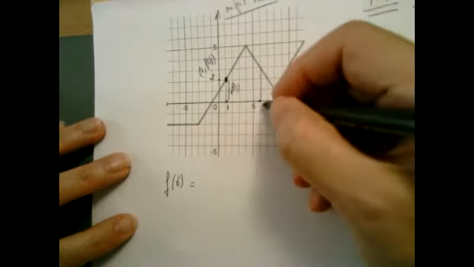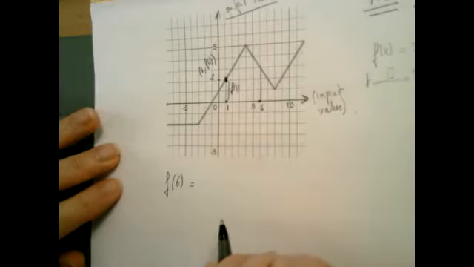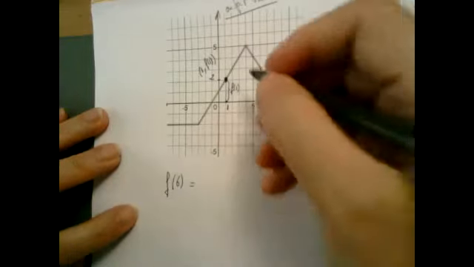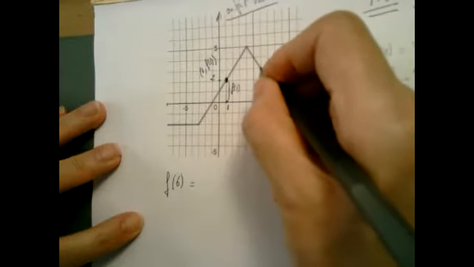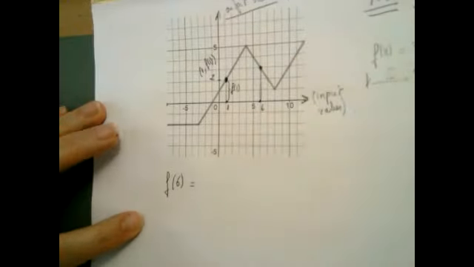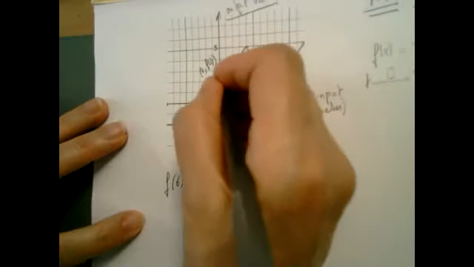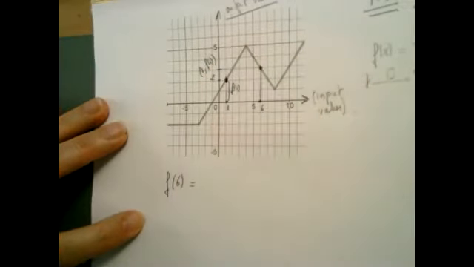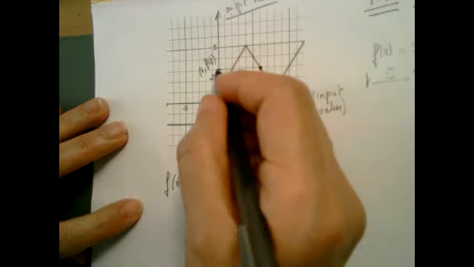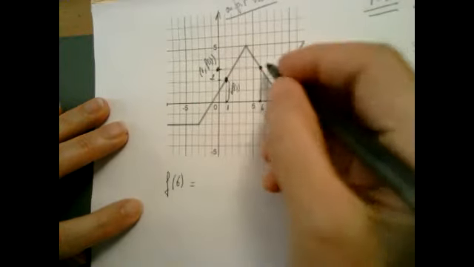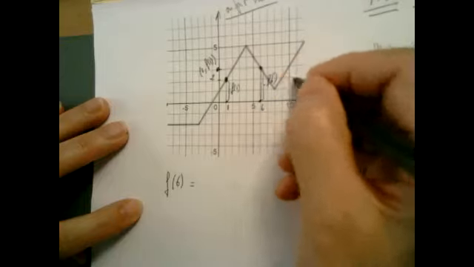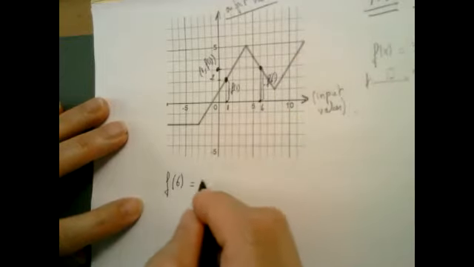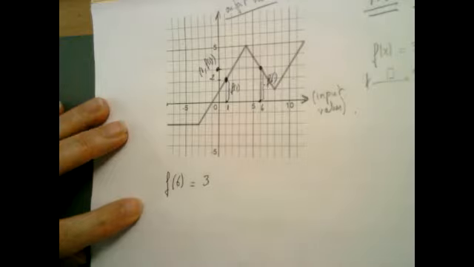So if this is 6, what is f assigning to 6? You go from here until we hit the graph, right there. This point here, what is the distance? This is f of 6, and everybody is telling me this is equal to 3.